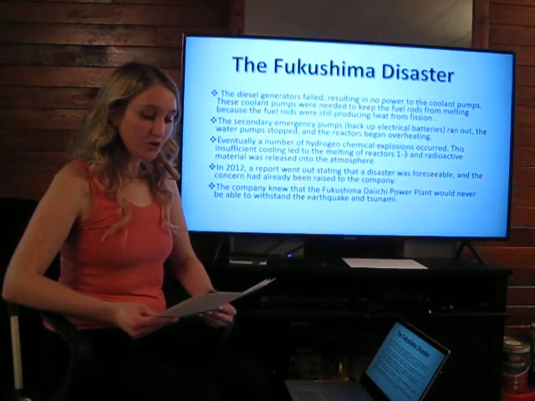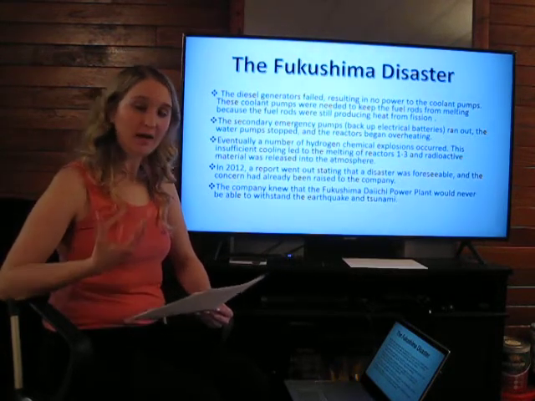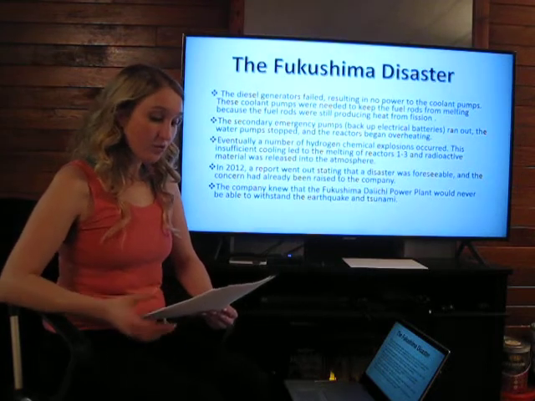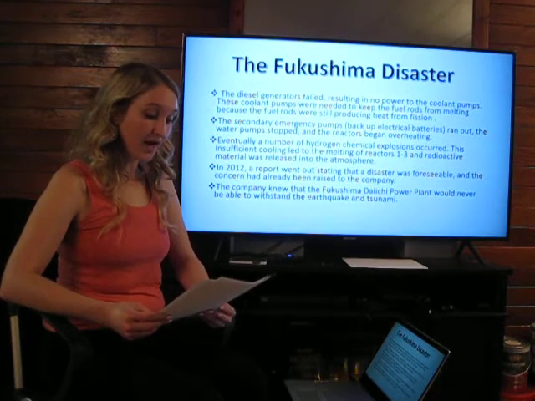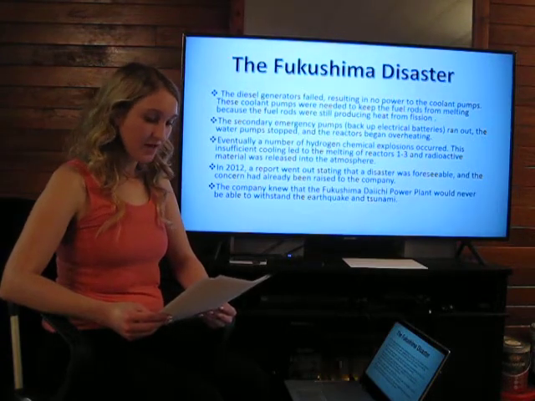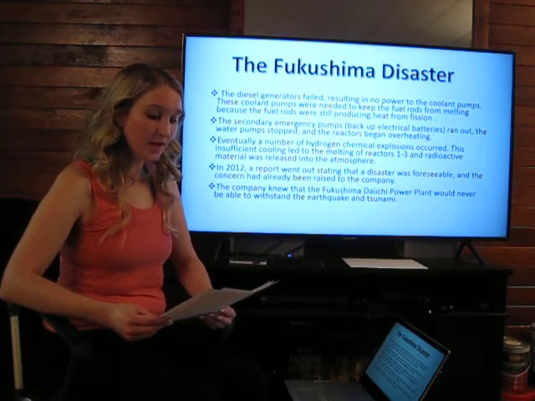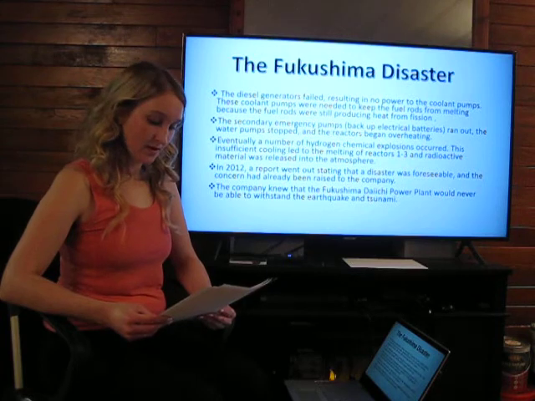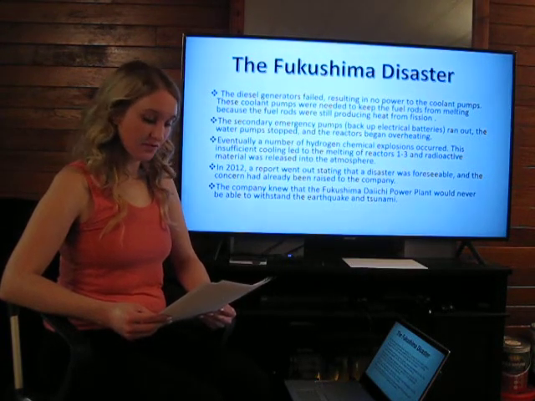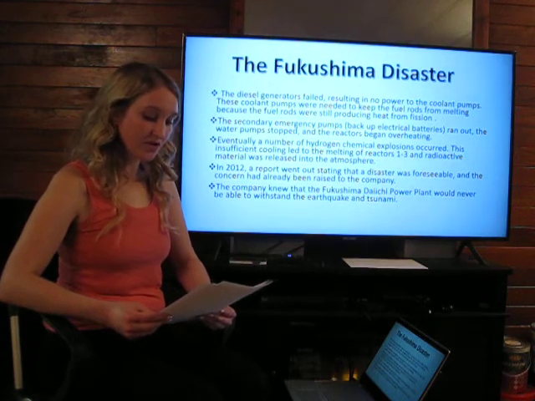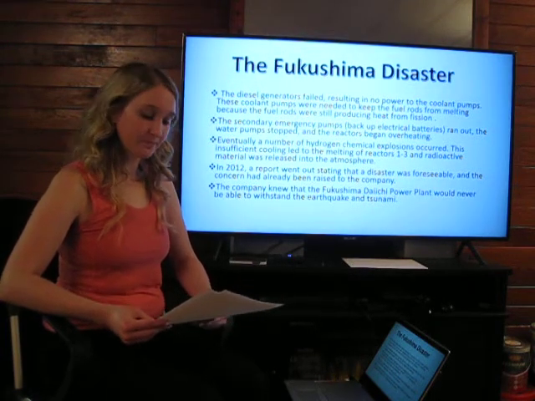When the secondary emergency pumps, which are backup electrical batteries, ran out, the water pumps stopped and the reactors began overheating. Eventually, several hydrogen chemical explosions occurred. This insufficient cooling led to the melting of reactors 1 to 3, and radioactive material was released into the atmosphere.